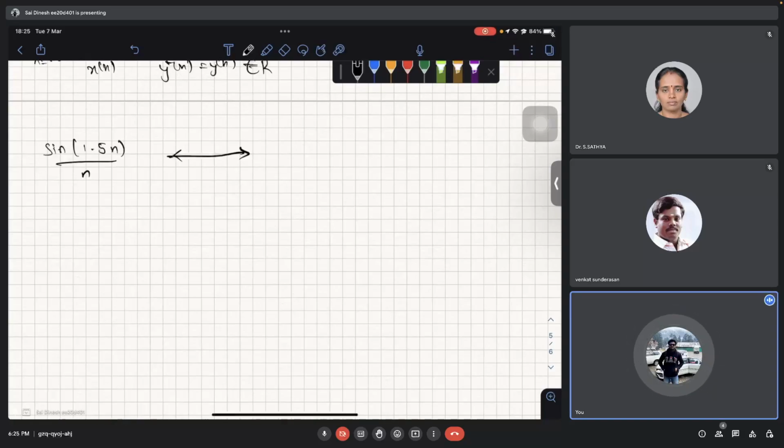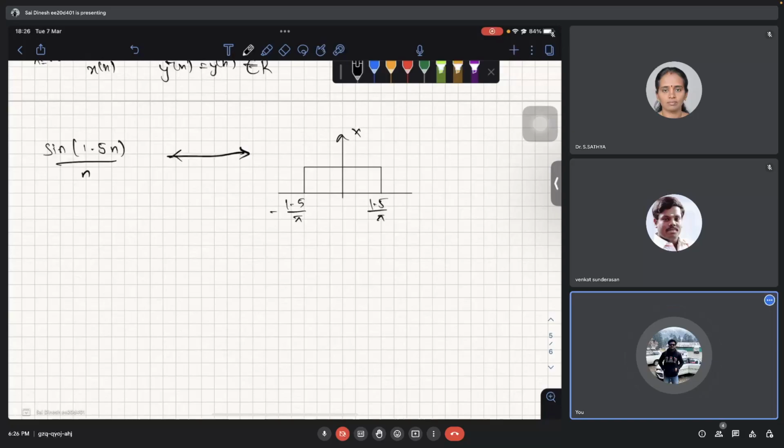Can anyone tell me what the DTFT of a sinc function will be in the frequency domain? It will be a rectangular function from minus 1.5 to 1.5.